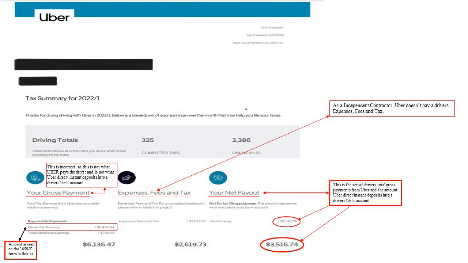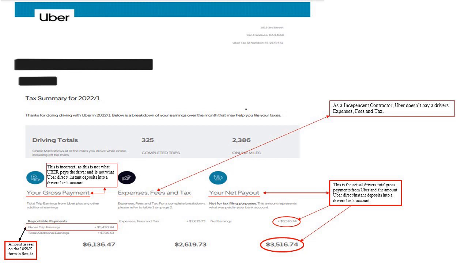As you can see here, the gross trip earnings is the same as listed in box 5A, being $5,430.94. Now, let's slide on over to what Uber reports as your net payout.